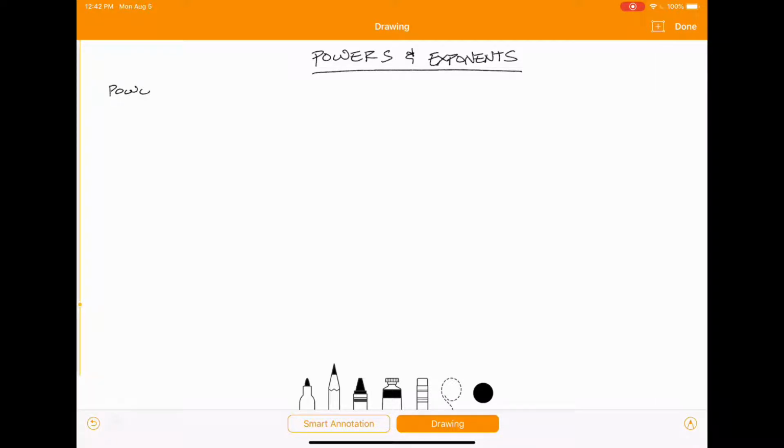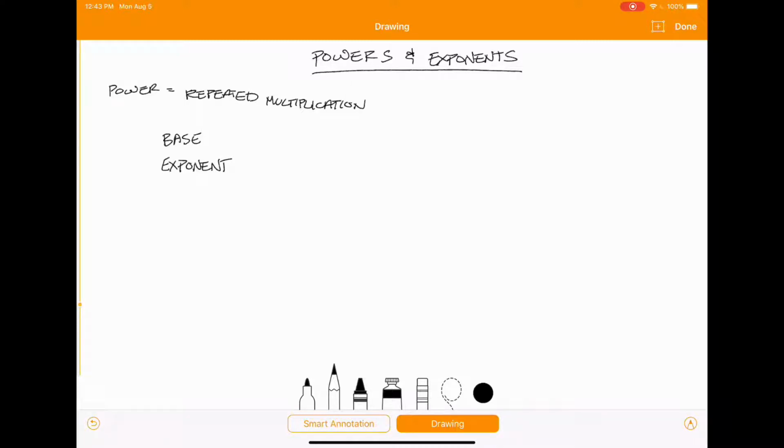So power equals repeated multiplication. And your power is expressed by writing your base with an exponent.